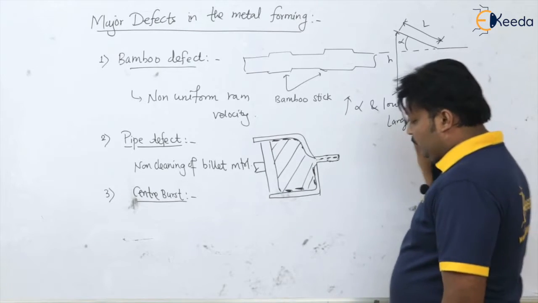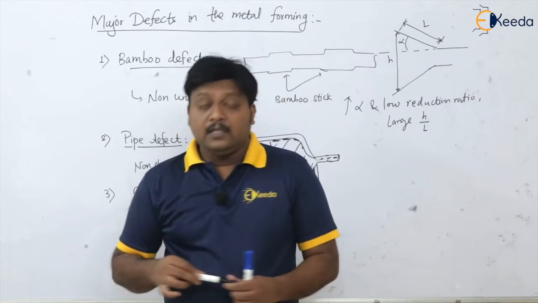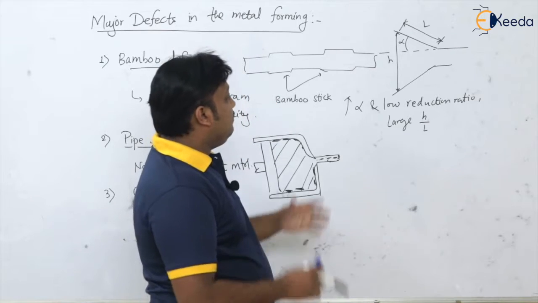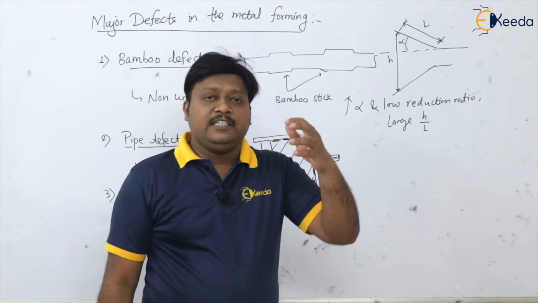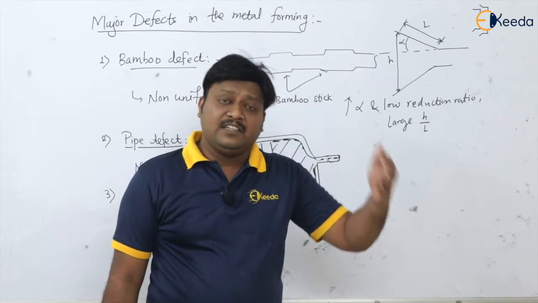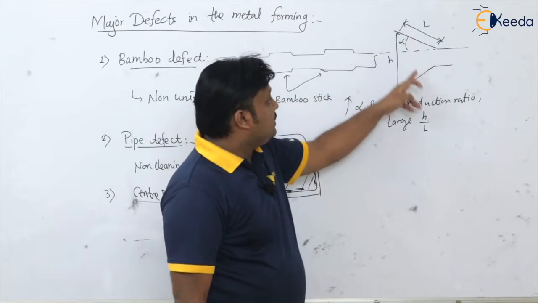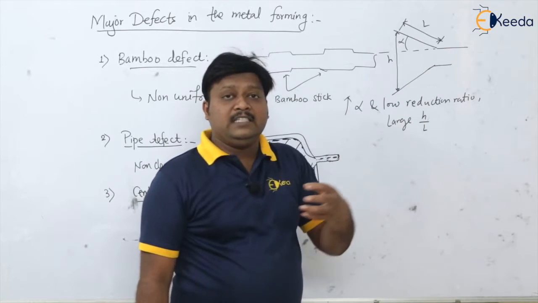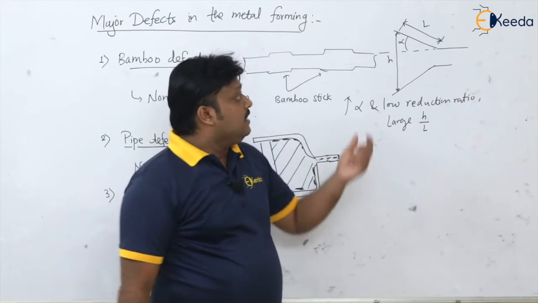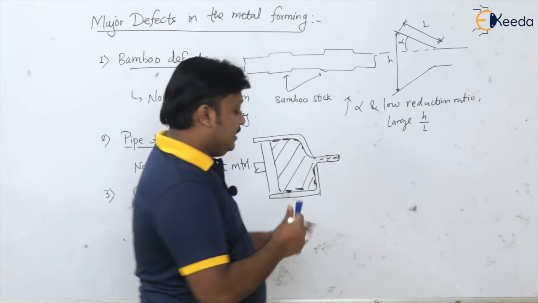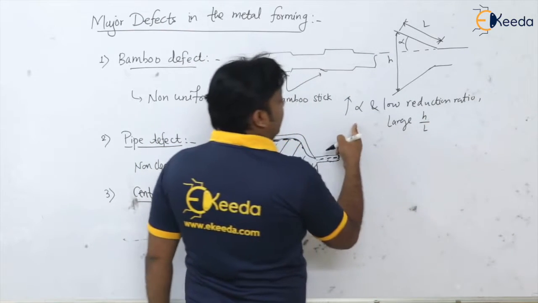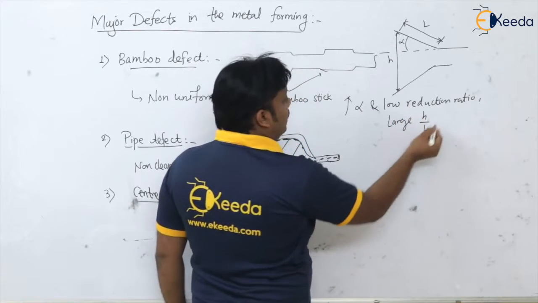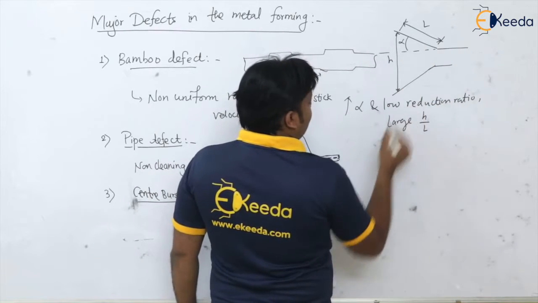In this situation, there will be large deformation near the surface of this die. That is the localized deformation near the surface because of the large value of alpha, low reduction ratio, or large h by L ratio.